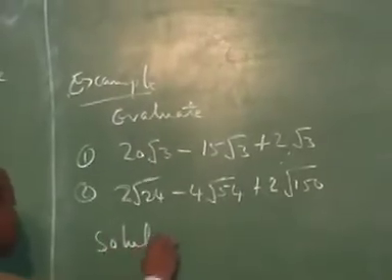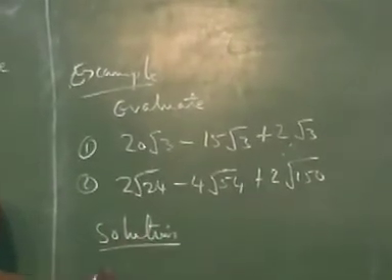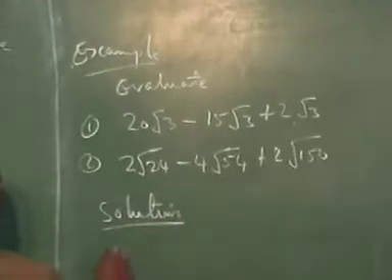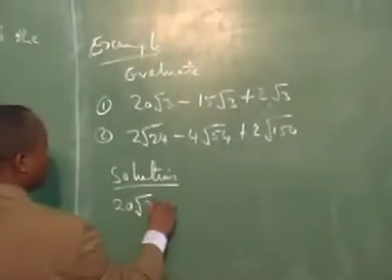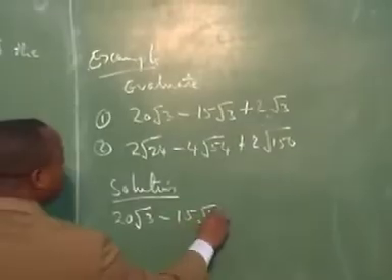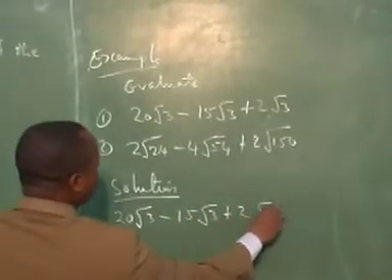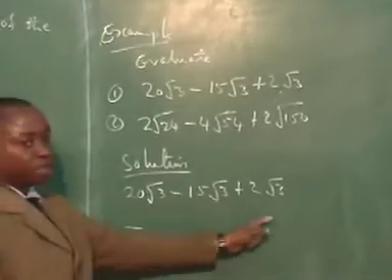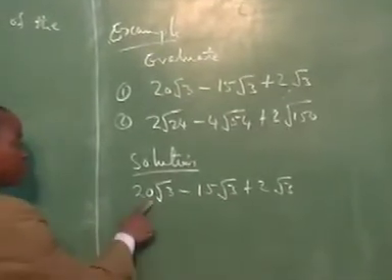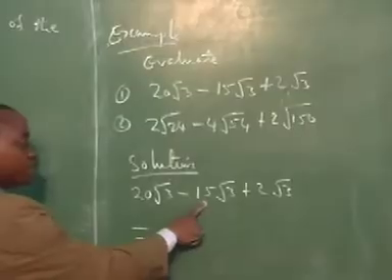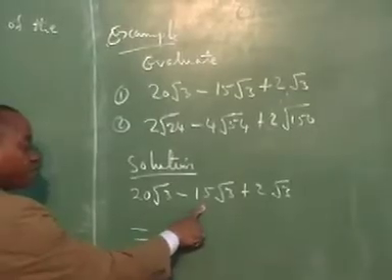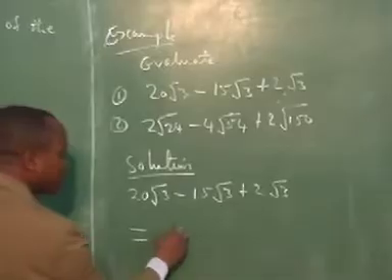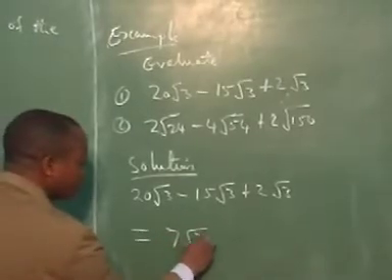Solution for the first one: we see that 20 root 3 minus 15 root 3 plus 2 root 3 will be equal to, we have 20 here because they are root 3, root 3, root 3, because of similar sort. So 20 minus 15 will give us 5, and then 5 plus 2 will give us 7. So the answer is 7 root 3.